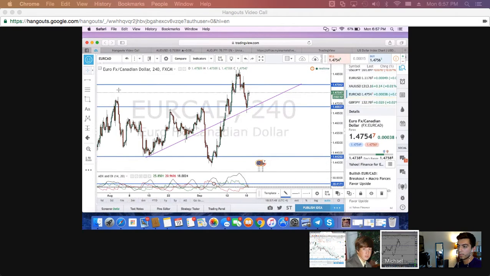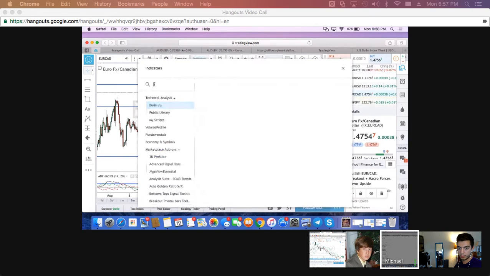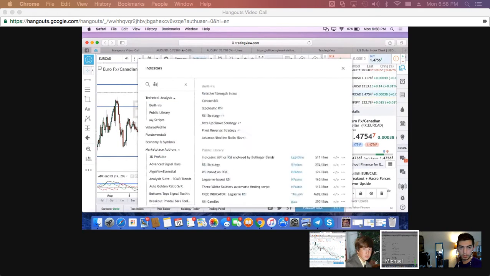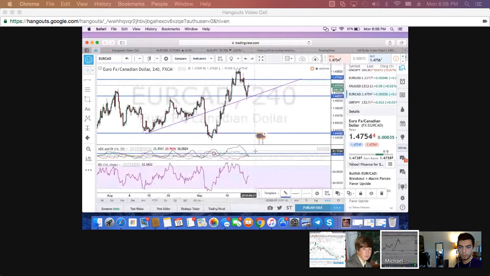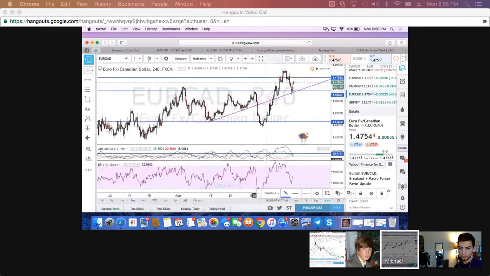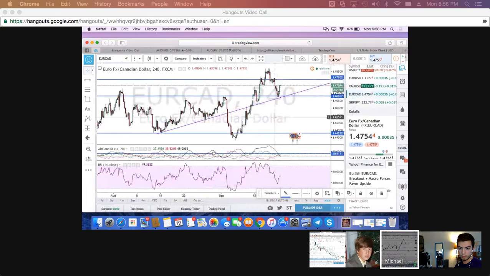The only other indicator that I'll use is RSI. And the only reason why I use that is because of divergence. What divergence is, I'll try and find it. It's one of the key things that I like to use to have my extra confirmation.